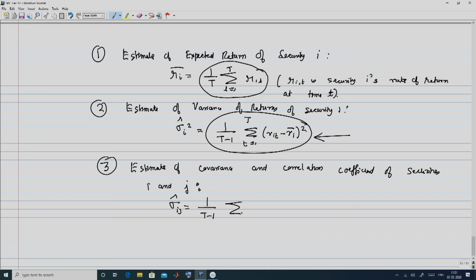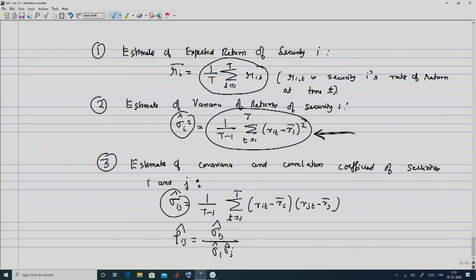I will follow the same pattern as the unbiased estimator for variance. So, this will be the summation of (R_it minus R_i bar) into (R_jt minus R_j bar), t equal to 1 to capital T, and rho_ij hat is sigma_ij hat, which I have calculated here, divided by sigma_i hat into sigma_j hat, which have been estimated here.